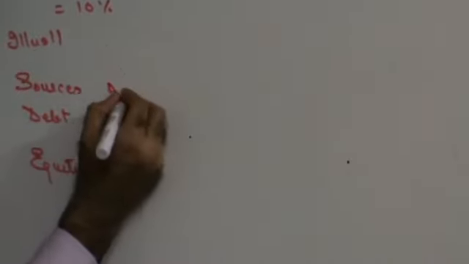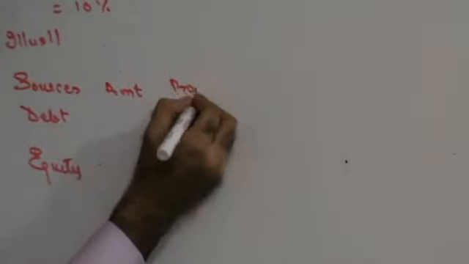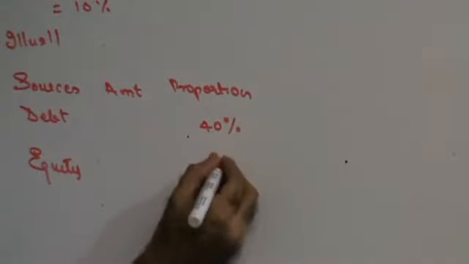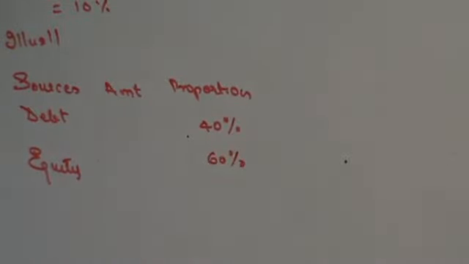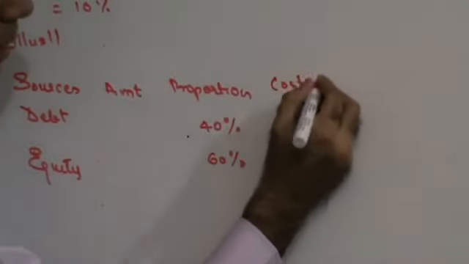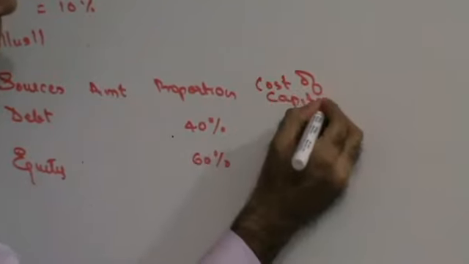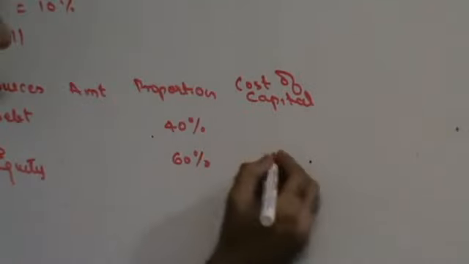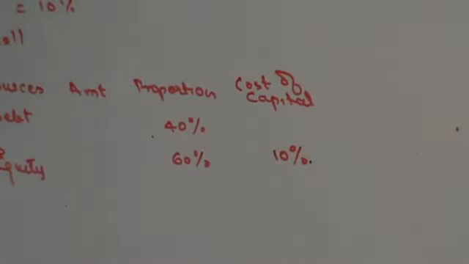Amount is not given to you, proportion is given as 40% debt and 60% equity. The estimated required rate of return on equity is 10% after tax, and 6% on debt after tax.